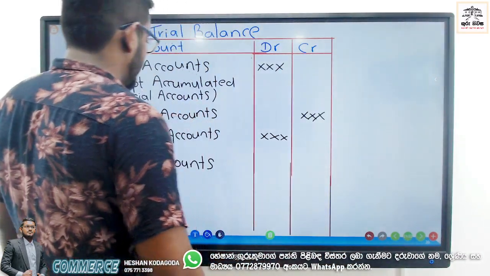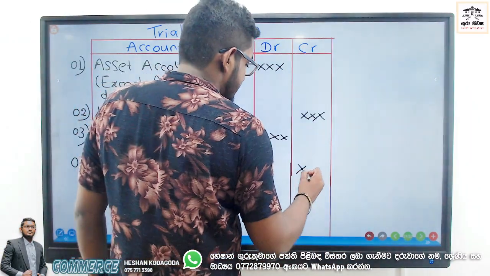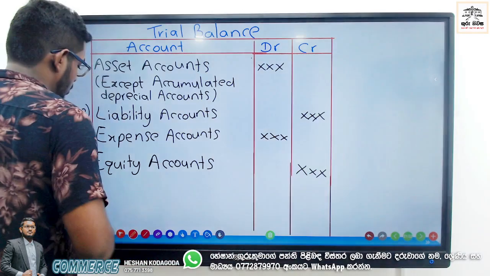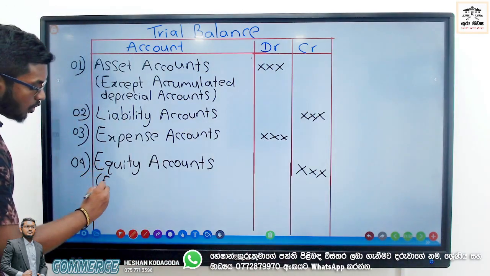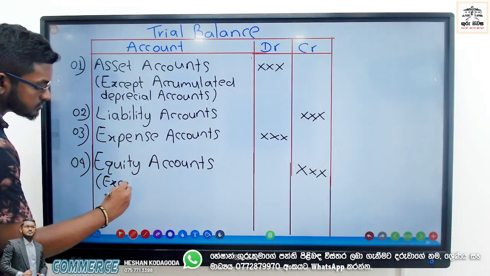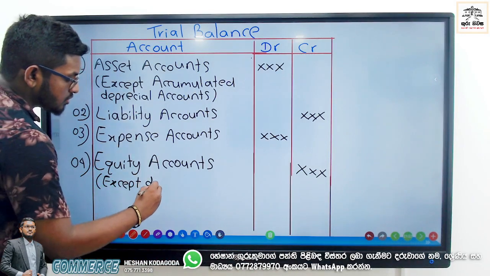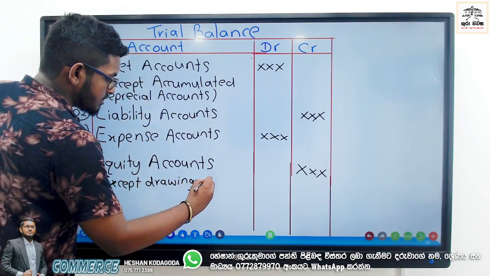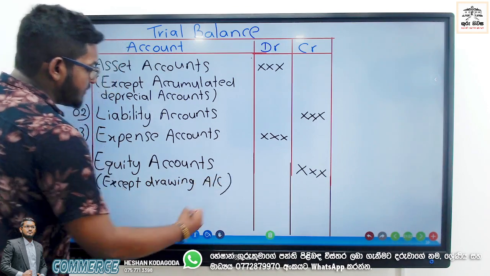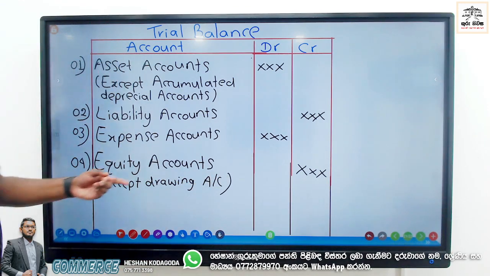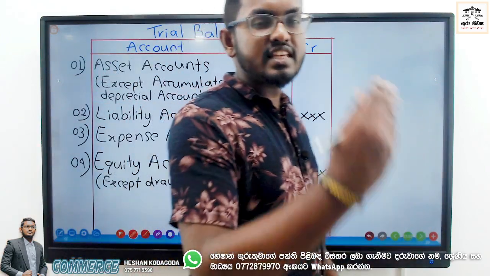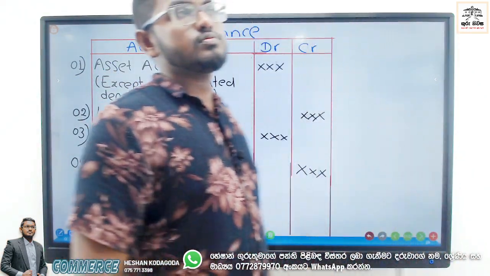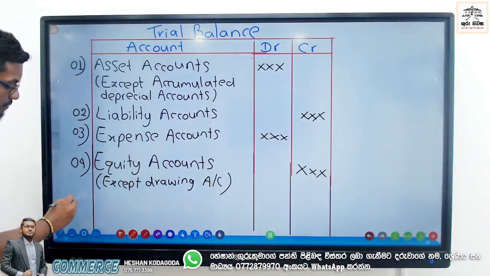So equity accounts have balance brought forward on the credit side, the increase side, but the drawings account, though it's also an equity account, has balance brought forward on the debit side, which means drawings means equity decreases. Okay.